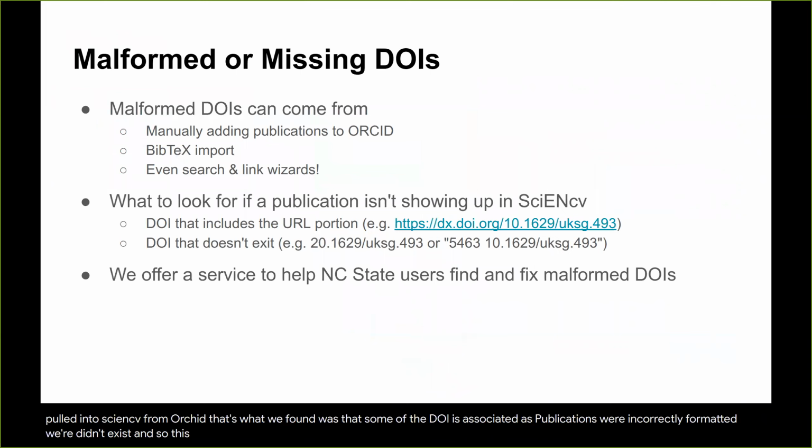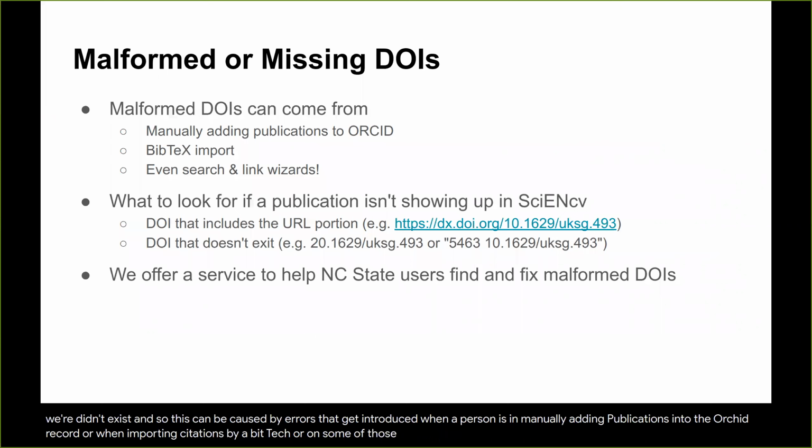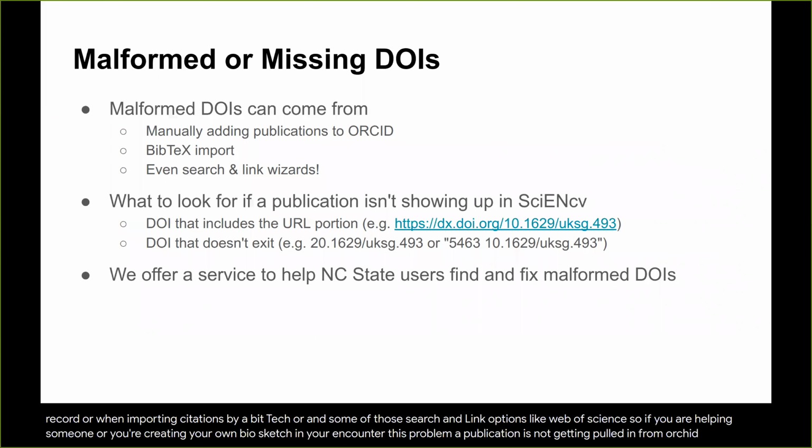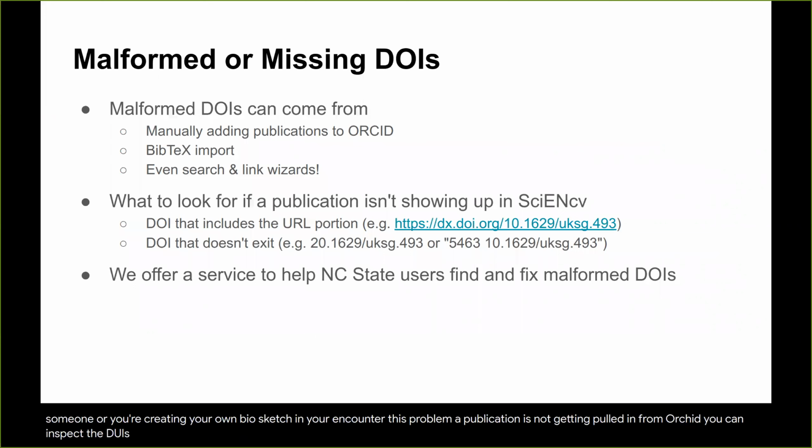And so this can be caused by errors that get introduced when a person is manually adding publications into their ORCID record, or when importing citations via BibTeX, or even when importing citations from some of those search and link options like Web of Science. So if you are helping someone or you're creating your own biosketch and you encounter this problem, a publication is not getting pulled in from ORCID, you can inspect the DOIs in ORCID and you correct them there.